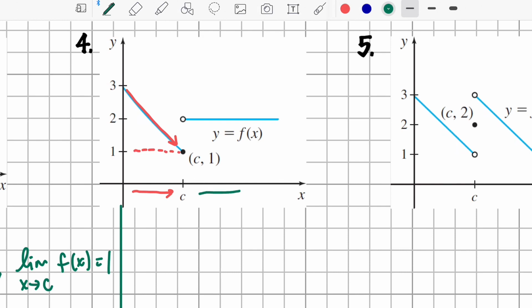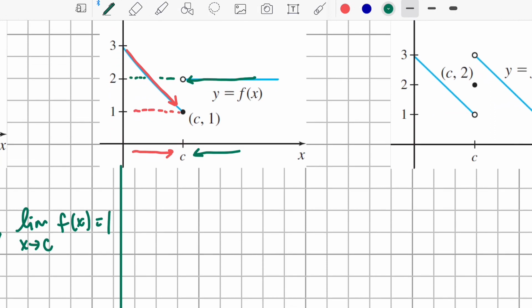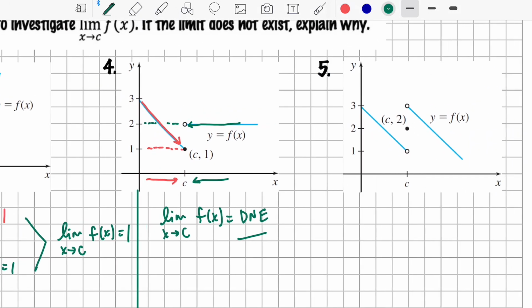Now let's approach from the right, and notice that it is approaching the y value, which is 2. Since the one-sided limits are not the same, we say that the limit as x approaches c of f of x does not exist. Let's do one more.